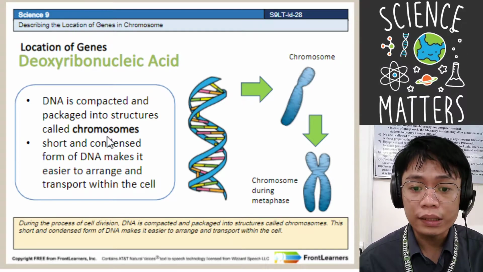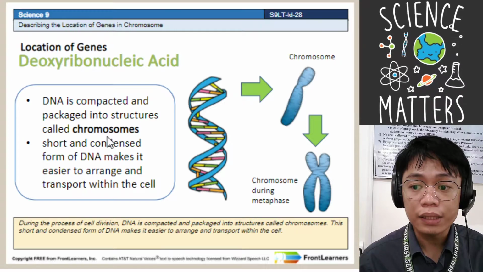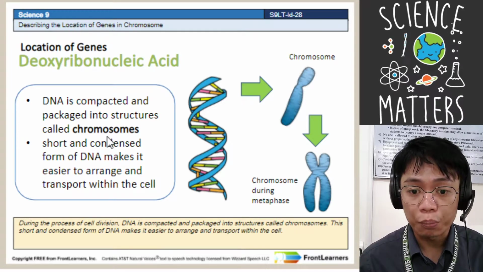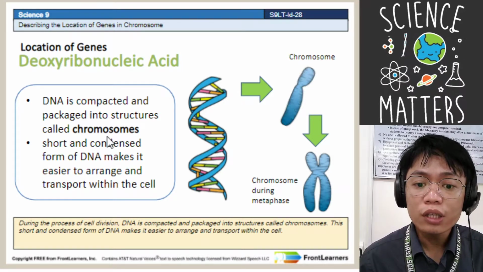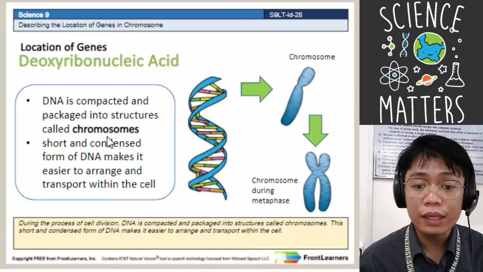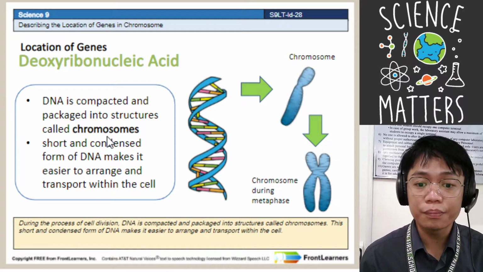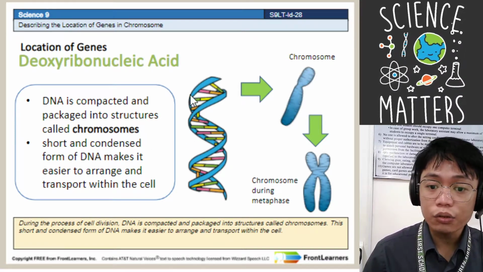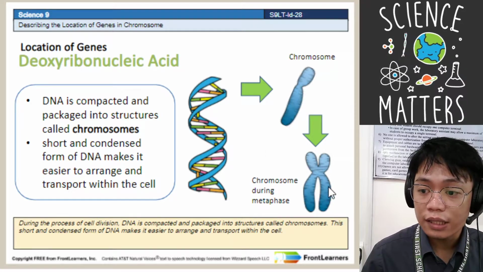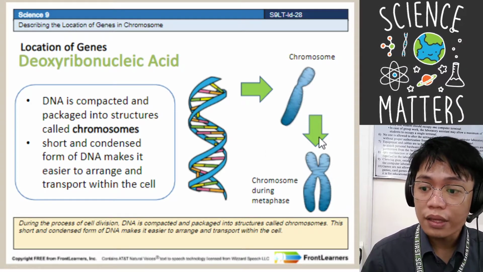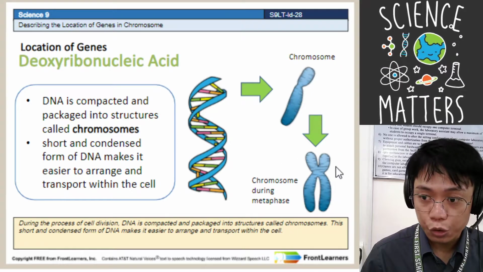If chromatin is condensed, it becomes a chromosome. Dun sa chromatin na yon, meron yung tinatawag nating strands of DNA. Parang buhok na magiging condensed na parang ganito. Okay? This is a chromosome.